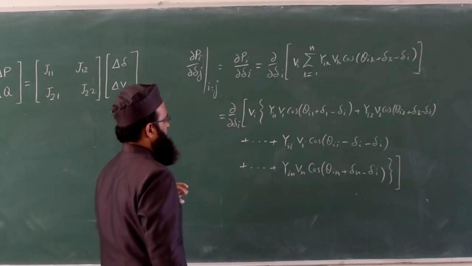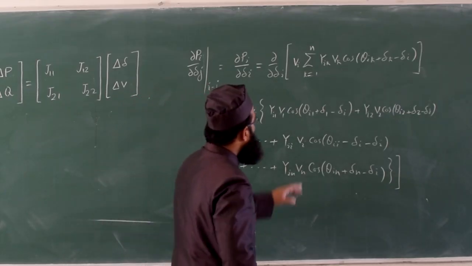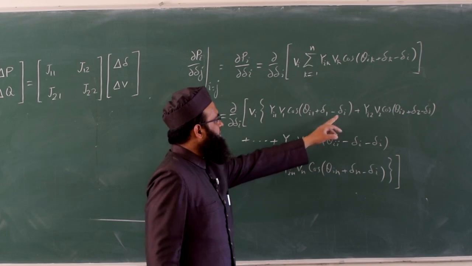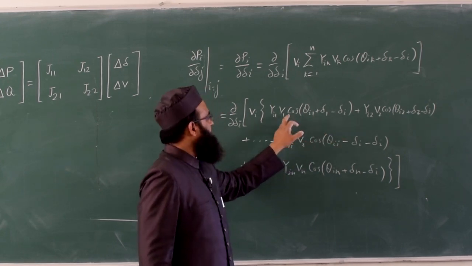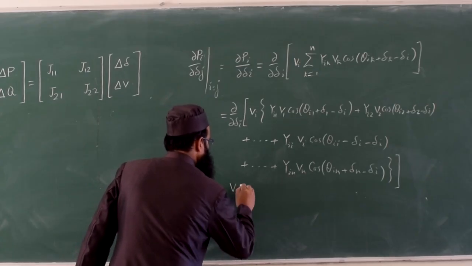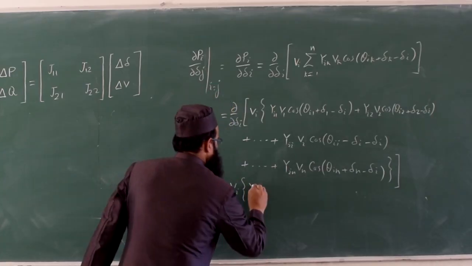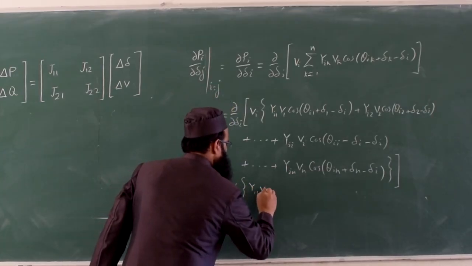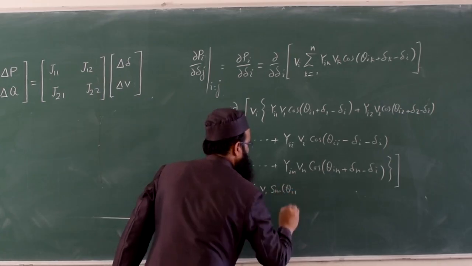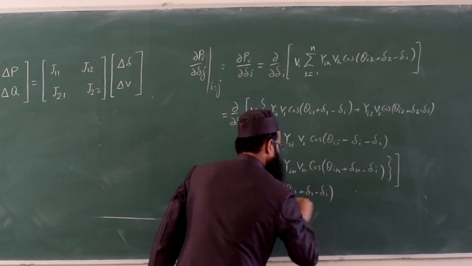So this can be written as, again, the cosine's first derivative is minus sine, and this is negative, so the minus sign gets cancelled. So directly we can write Vi constant, these two Yi1 V1 sine of (θi1 plus δ1 minus δi). First term.